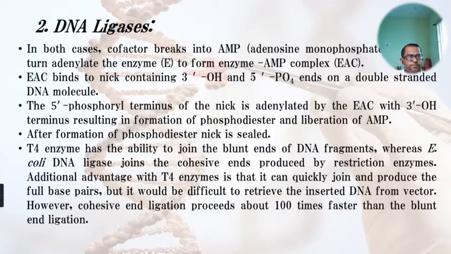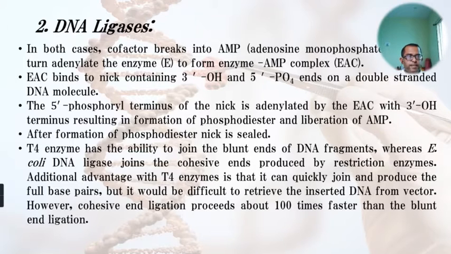Now, T4 DNA ligase enzyme has the capacity to join the blunt ends of the DNA fragments, whereas the DNA ligase enzyme taken from E. coli has the ability to rejoin the cohesive ends produced by the restriction endonuclease enzyme.